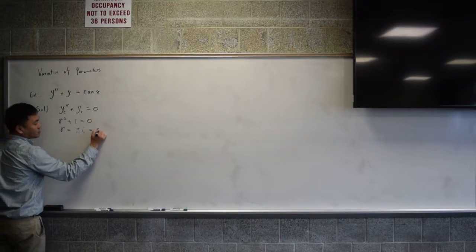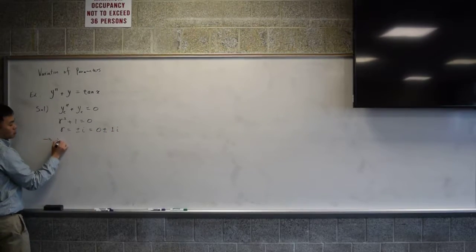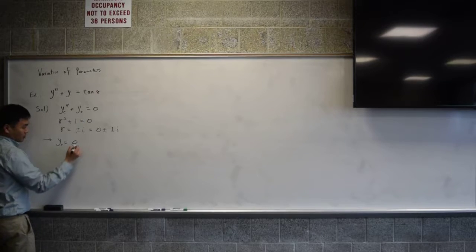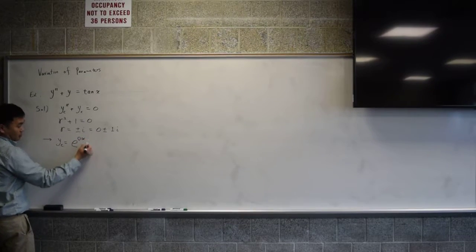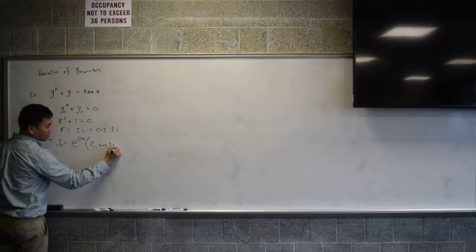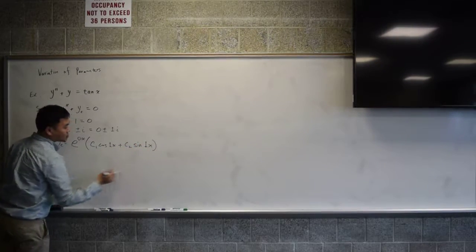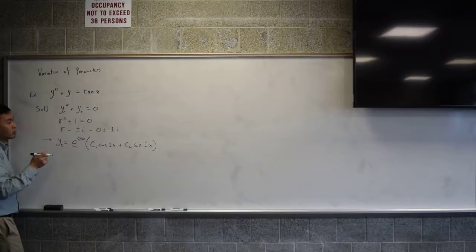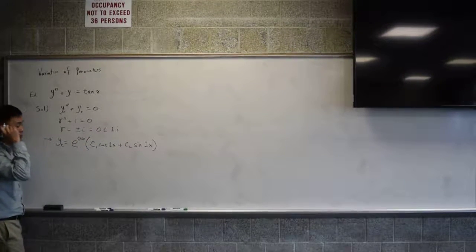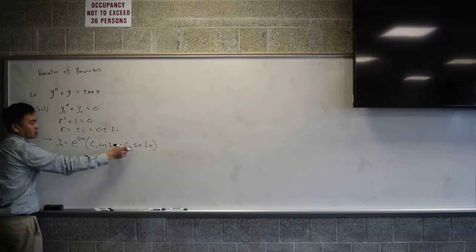In that case, if you have 0 plus minus 1i, the solution should look like e to the 0x times c1 cosine 1x plus c2 sine 1x. I'm just trying to remind you that in general, if you have the solution of the characteristic equation as a complex number, the solutions come out to be some exponential function times cosine or sine.